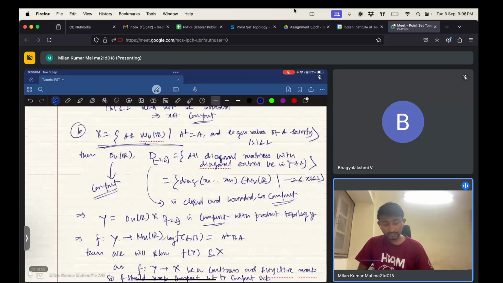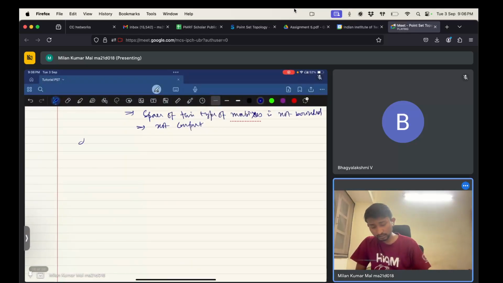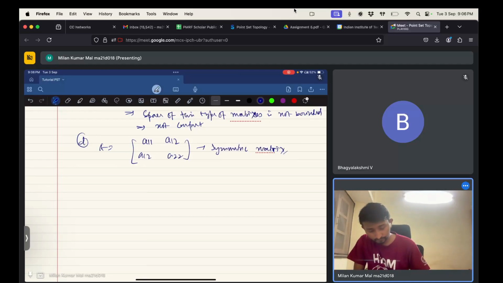Similarly, for the option of the set of all symmetric matrices, that is obviously false, because we can take entries as large as we want. Okay, that is not a big question. Set A equal to A11, A12, A12, A22, symmetric. This type of matrix space is not bounded.